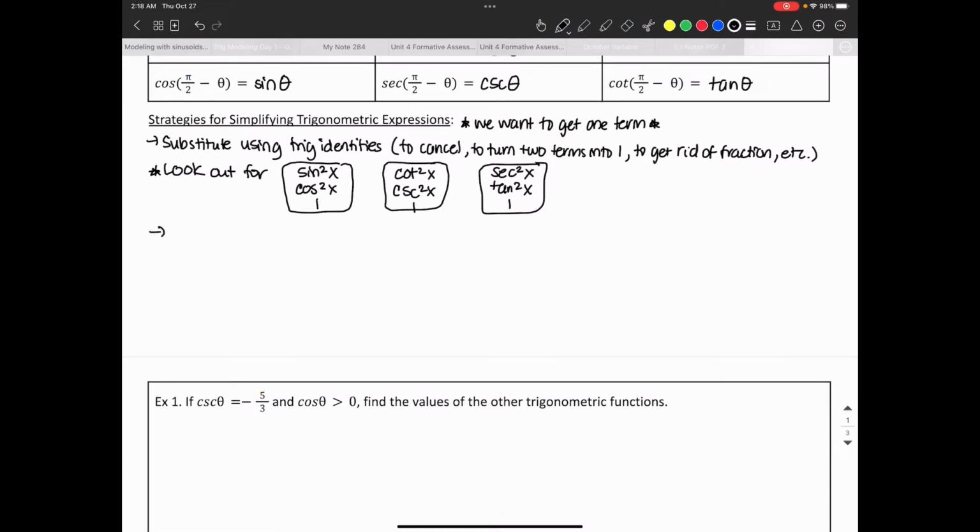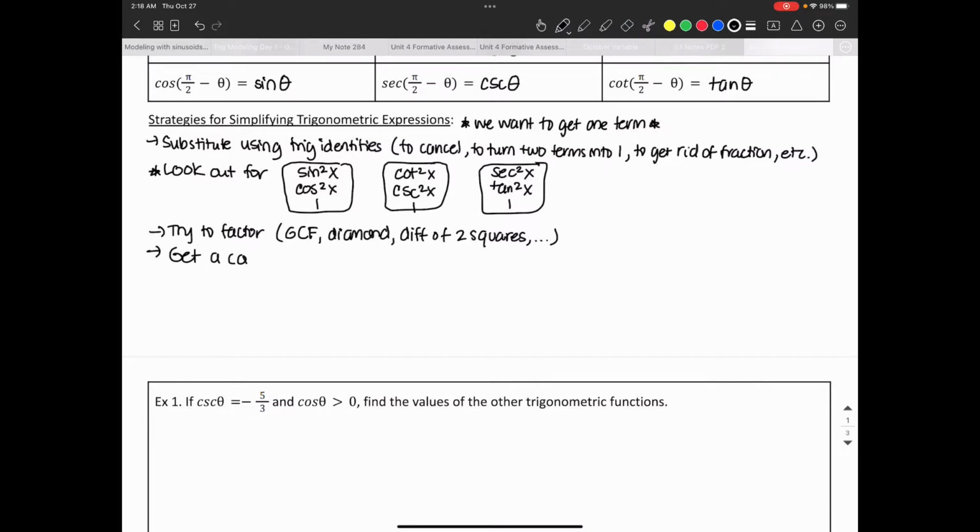Other strategies: I want to try to factor, because that might help me. So I might use GCF, I might use the diamond method, I might use the difference of two squares, any factoring method we've talked about before. Another thing I want to try to do is get a common denominator.